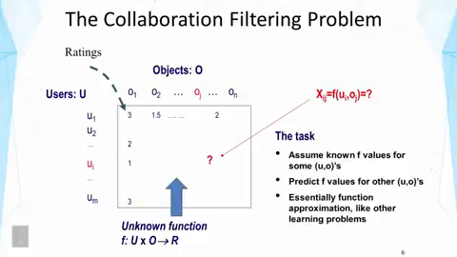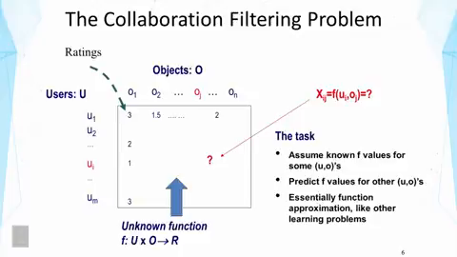And we're also considering a number of objects, let's say N objects, denoted as O1 through ON. And then we will assume that the users will be able to judge those objects. And the user could, for example, give ratings to those items.